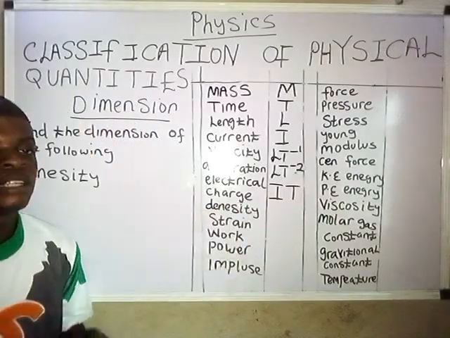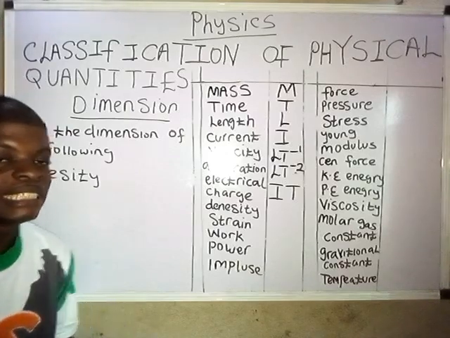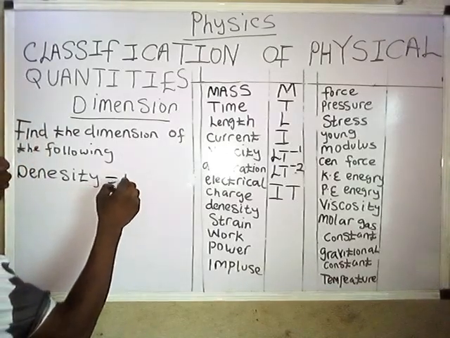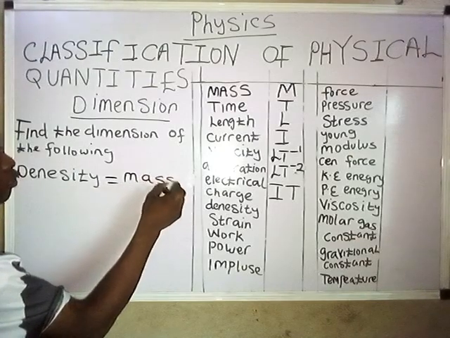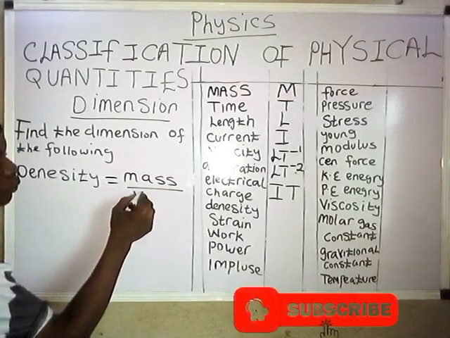So let's look for the dimension of density. The formula for density is mass over volume.